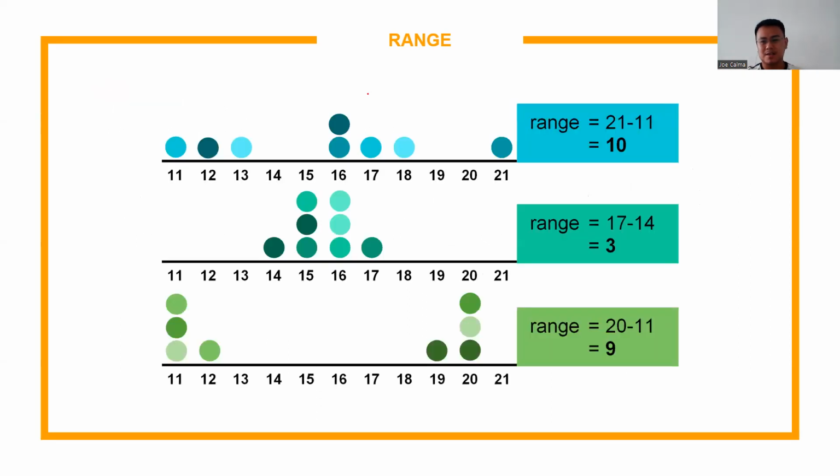Okay? To visualize, we have 3 different data sets. Kung mapapansin nyo, yung unang data set, 10 yung kanyang range. At kung mapapansin nyo, layo-layo sila. Diba? As well as the last data set, 9, ito, dalawang group pa, magkalayo talaga. Okay? How about the second data set, kung mapapansin nyo, 3 lang yung range niya at lapit-lapit lang sila sa bawat isa. Okay?